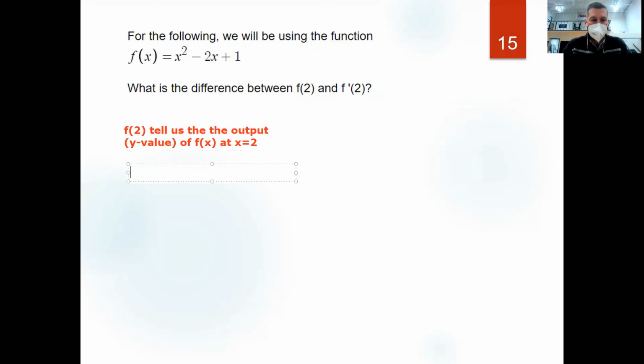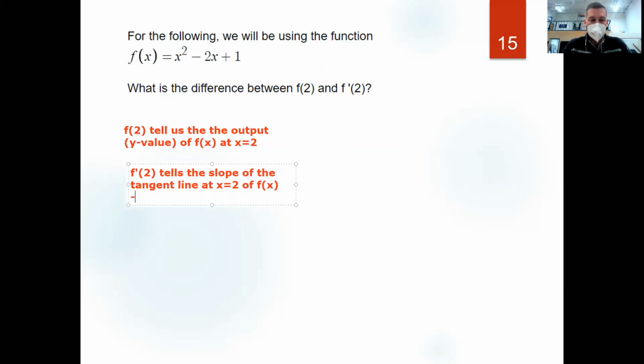Whereas f prime of 2, remember, tells us the derivative. I'm not just going to say f prime of 2 is the derivative. What does it tell us? It tells us the slope of the tangent line at x equals 2 of that function.